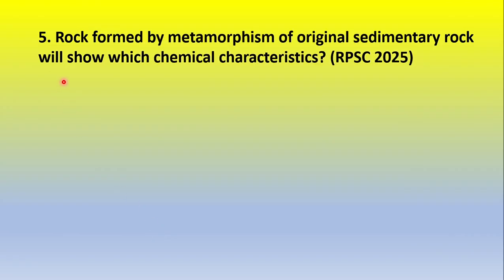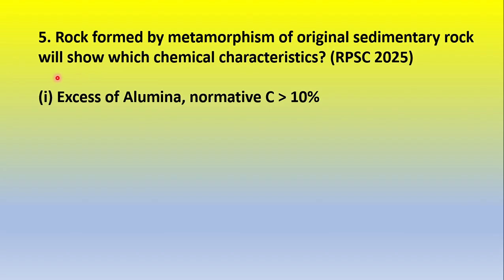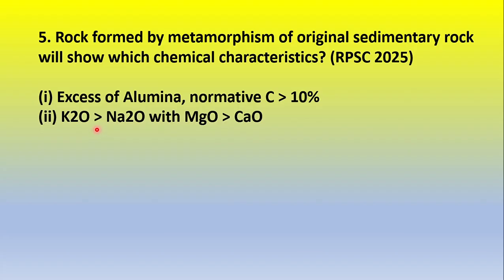Next, rock formed by the metamorphism of the original sedimentary rock will show which chemical characters? Number 1, excess of alumina, normative corundum greater than 10%, K2O greater than Na2O with MgO greater than CaO.